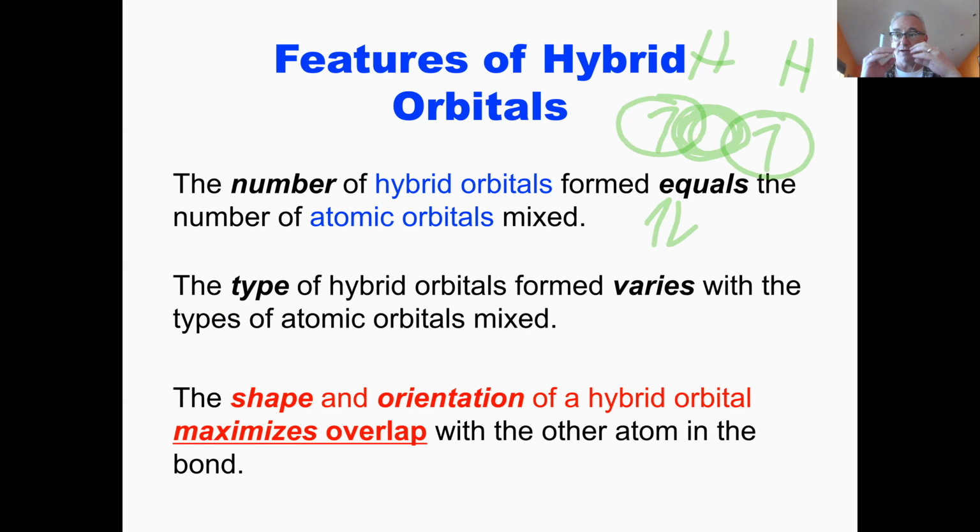Those two electrons will be held in that region, attracted to the nucleus here and the nucleus here. They'll be equally shared, basically moving back and forth in a straight line between the two nuclei. So those s orbitals overlap. The better the overlap, the stronger the bond is going to be.